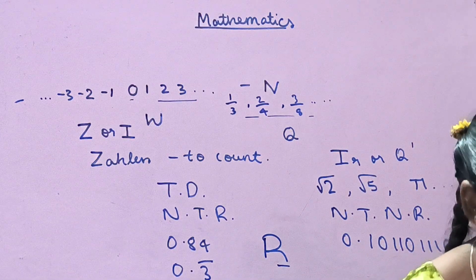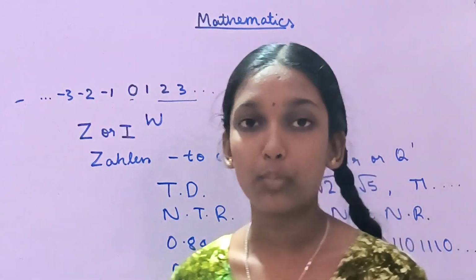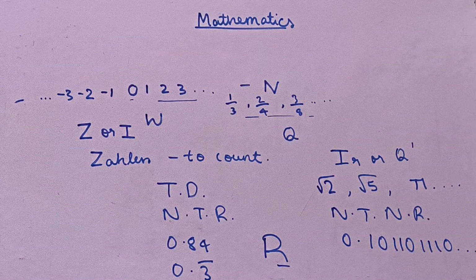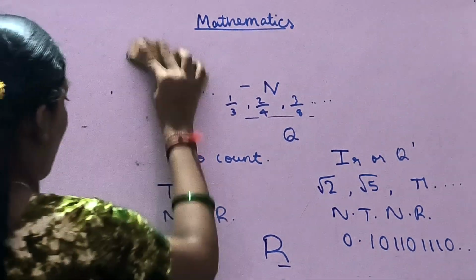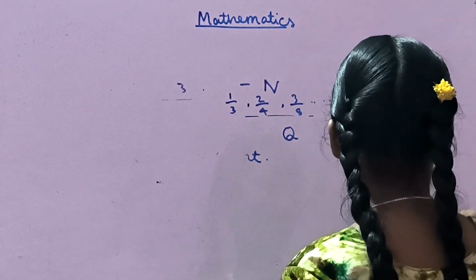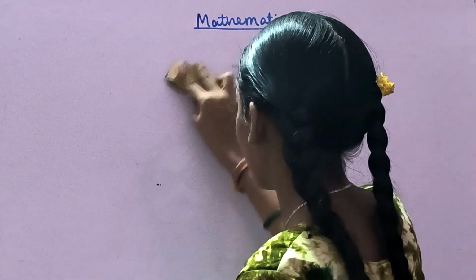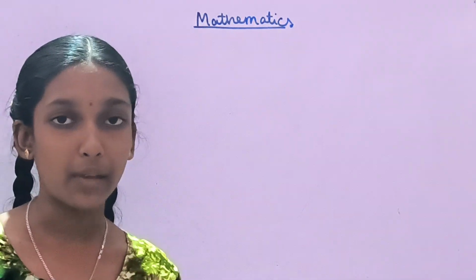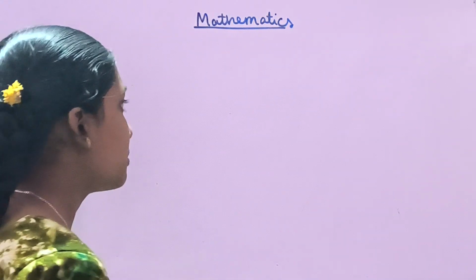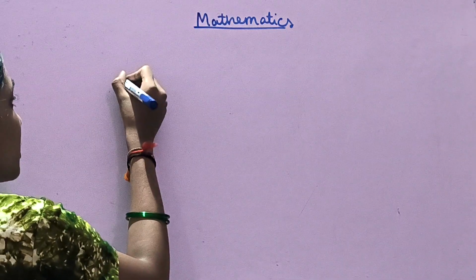Now we shall learn to express numbers as the product of their primes. In our previous grades, we have already learnt how to find the prime factors of numbers using the prime factorization method. For example, we shall take the number 110.